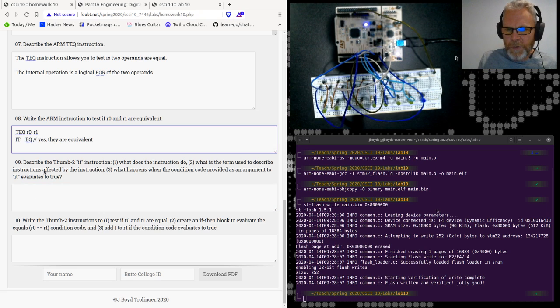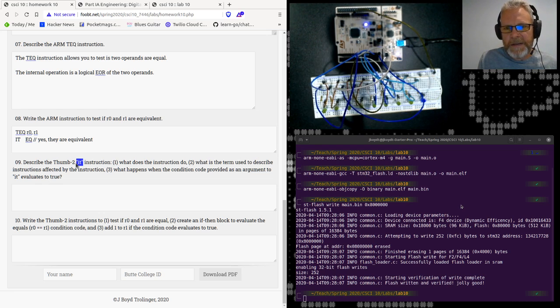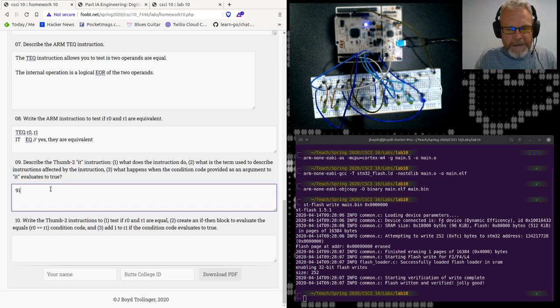Okay, so number 9 is a three-parter. The IT instruction, we just did a whole bunch of it. It means if-then. But let's just answer the three pieces. So question part 1, what does IT do?